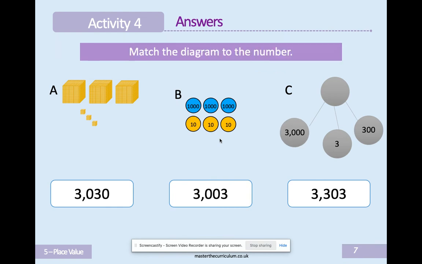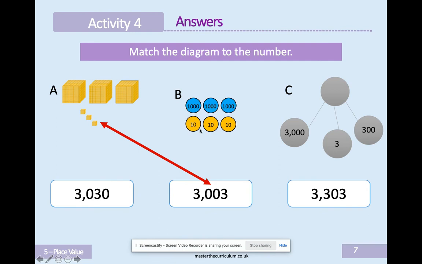Let's see how well you have done. For the first one, let's have a look. There's 1, 2, 3 thousand and only 3 ones. So 3,003. That is my correct answer there. For B, 1, 2, 3,000.